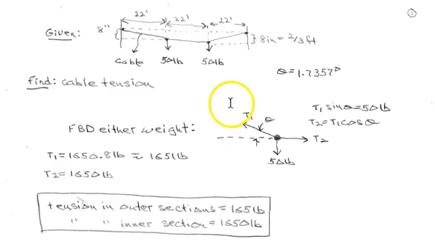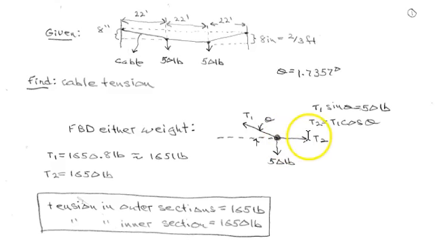So here's the meat of it, right down here. We've got one of these weights isolated, and in fact this is the left-hand weight. So if we do a free body diagram around the point at which the weight is clamped on the cable, so if we imagine that weight just being clamped with a clip, it's kind of like we're doing a free body diagram of the clip. So we have 50 pounds in the negative J direction, the downward direction.